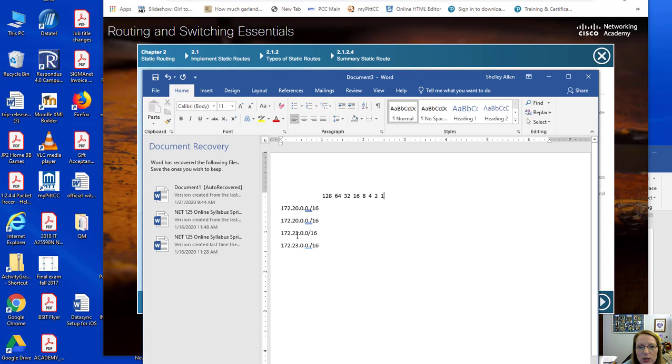But you see the change here in the second octet? This is kind of what you want to look at. So what you would do is say, well, that would be this if you were looking at it in terms of binary. So just define 20.